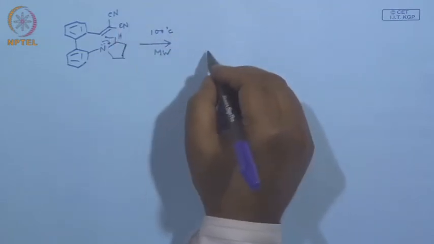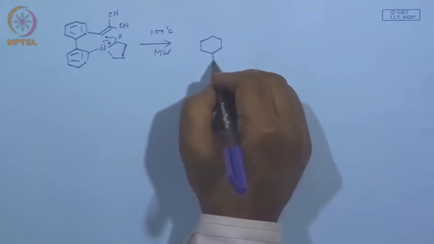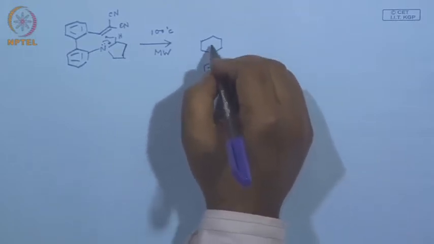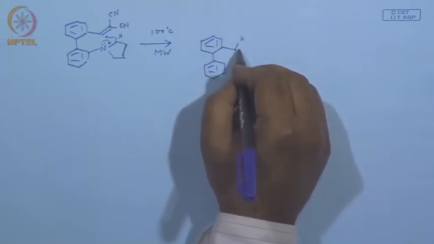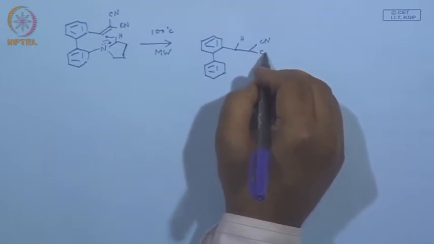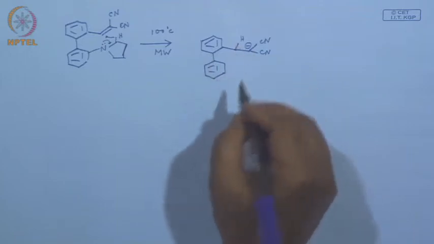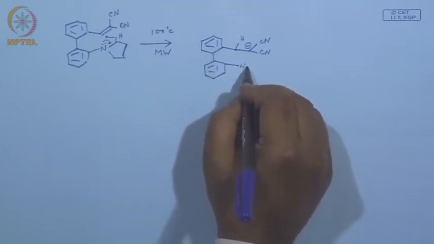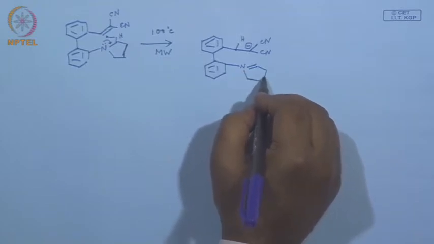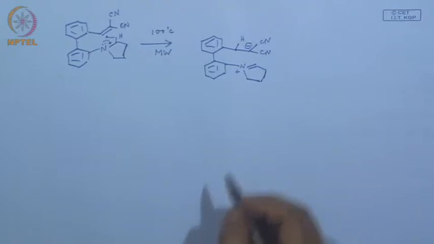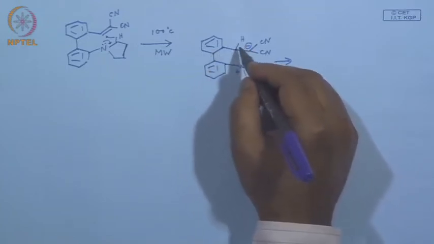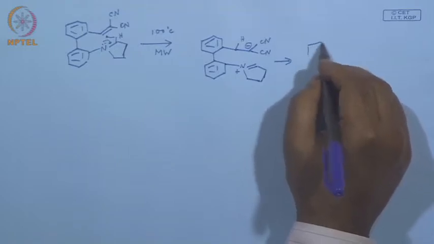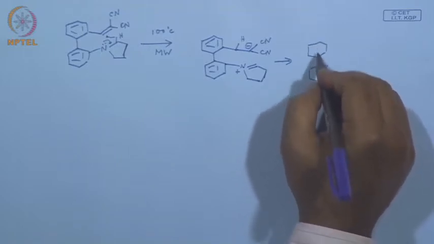So, if the hydride is shifted to this, so the backbone remains as it is, and then hydride is shifted to this place, then you will get a sort of a carbon here, right, this nitrogen and then iminium ion, and so apparently the reaction is very general, and under these conditions, so you will have 1, 2, 3, 4, 5, 6, 7, 8. So, you get an 8-membered ring system.